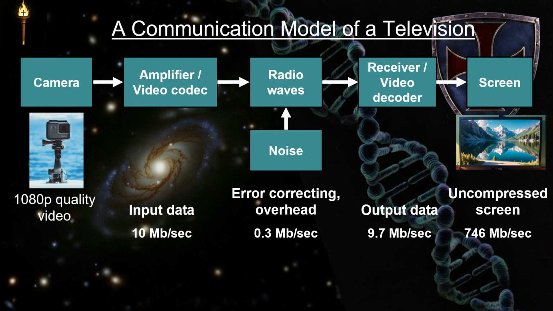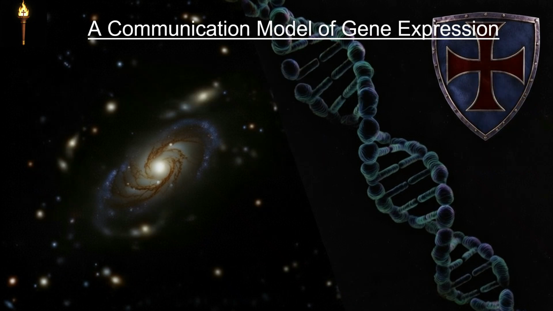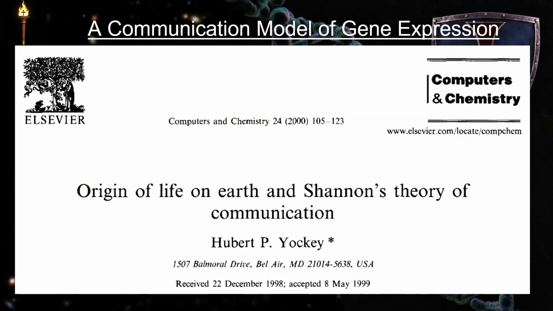Okay, so we've done this. Why did we do this? Well, because we're going to look at a communication model of protein transcription and gene expression. This is based on the research of a gentleman named Hubert Yockey. We see this paper is from Computers and Chemistry in 2000.